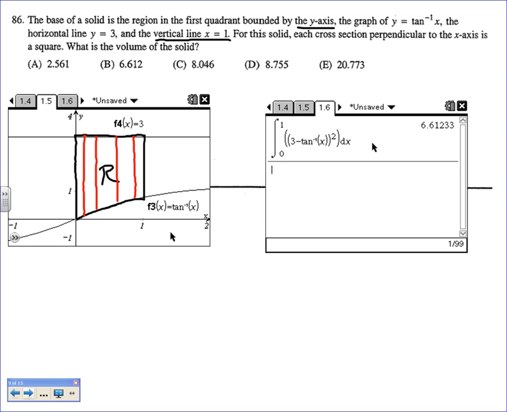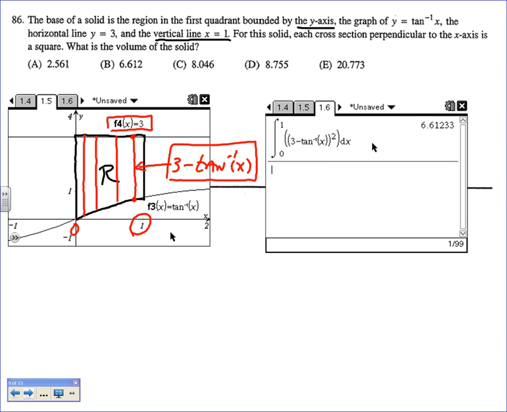These distances are always caught between this line, 3, on the one hand, and this curve on the other hand. So this distance is equal to 3 minus the inverse tangent of x. If we take that typical side length, square it, and accumulate between 0, our starting point, and 1, our stopping point, we'll have our answer.